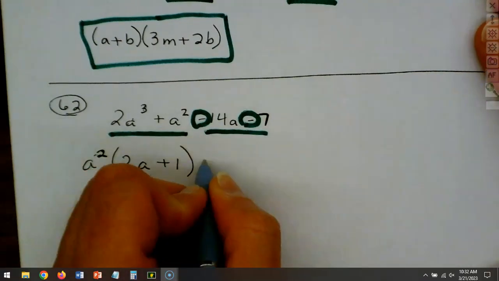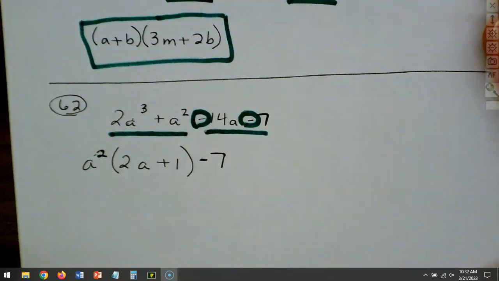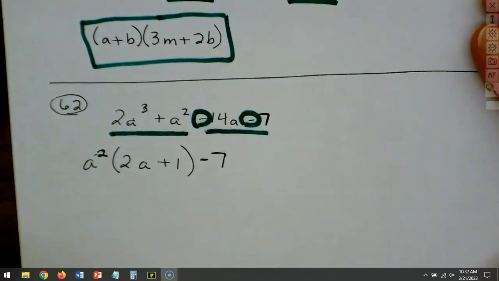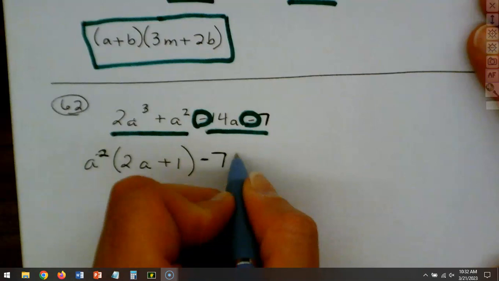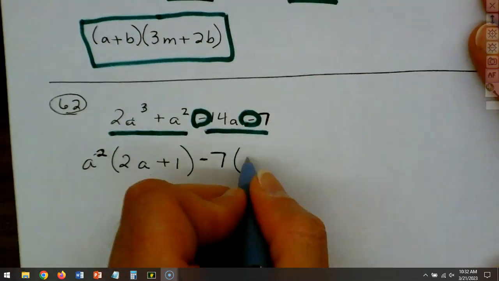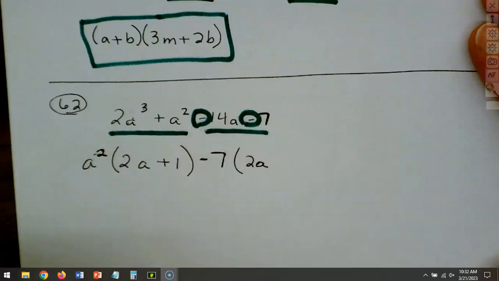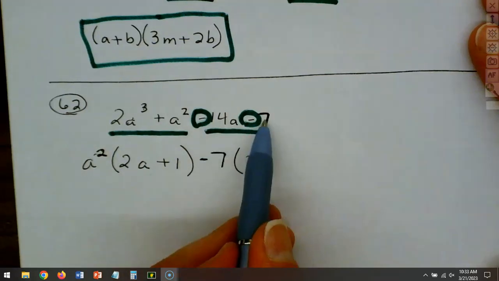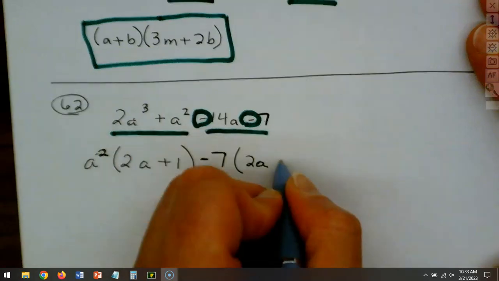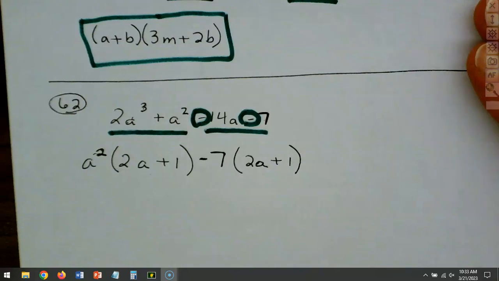So let's factor out a negative 7, because 7 and 14 both have a 7 in common. So I'm going to factor out this negative 7. And negative 14 divided by negative 7, well, that leaves you with a positive 2. The a comes down. Negative 7 divided by negative 7. Negative and negative makes it a positive 1.